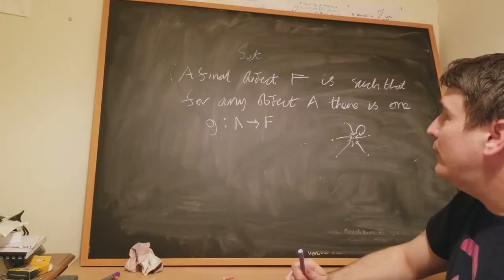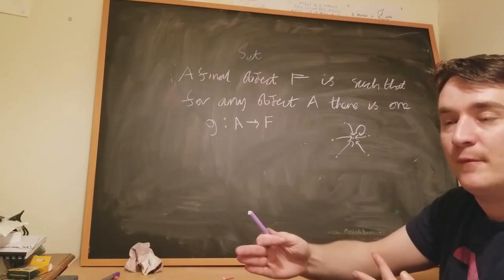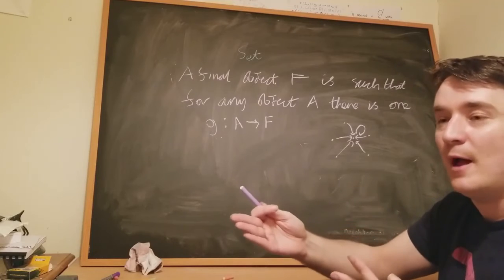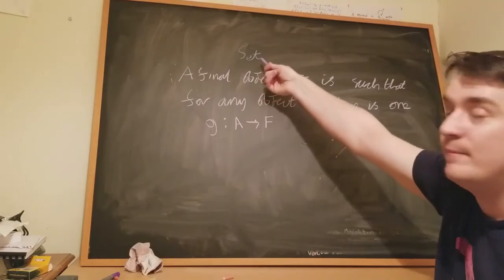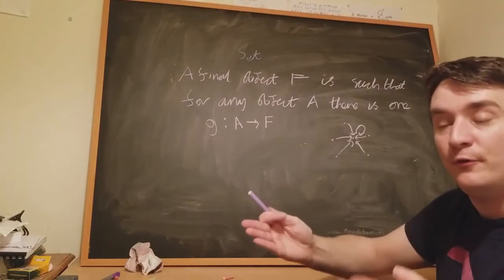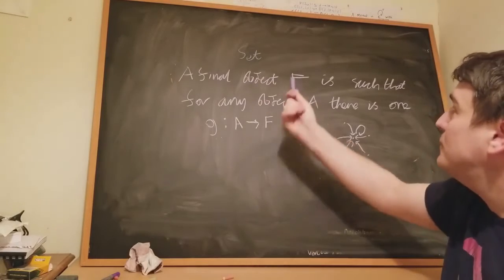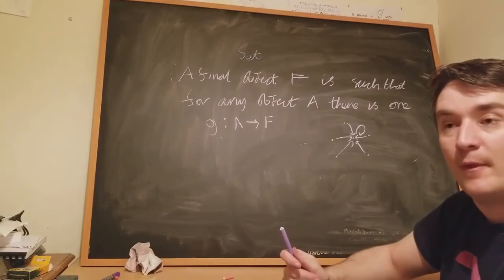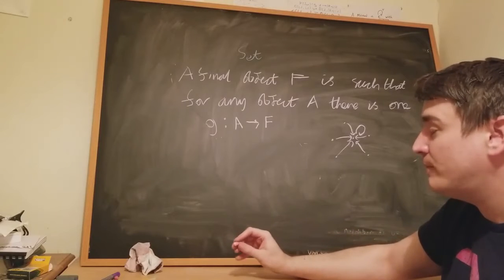Well, because there's a particular object in this category set, a particular set if you like, which is a final object of this category. And maybe you would like to pause the video and think about what kind of set would represent a final object in the category set, because it's really the key to understanding this issue.